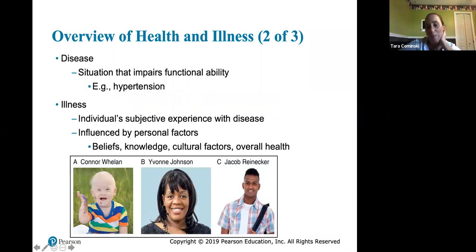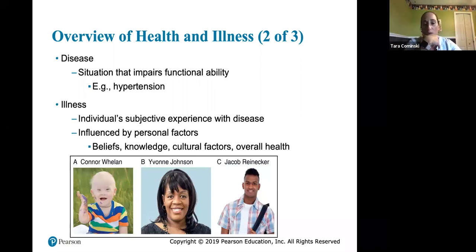The book gives this example of 3 different patients, right? The one in panel A is an infant who has Down syndrome, okay? So he has a very clear-cut genetic disease. Panel C is a more acute kind of injury that he came in with, okay?